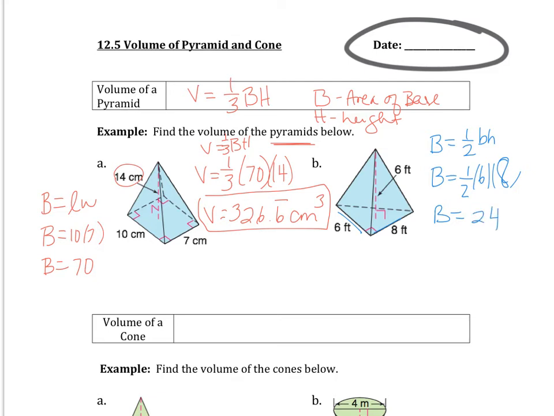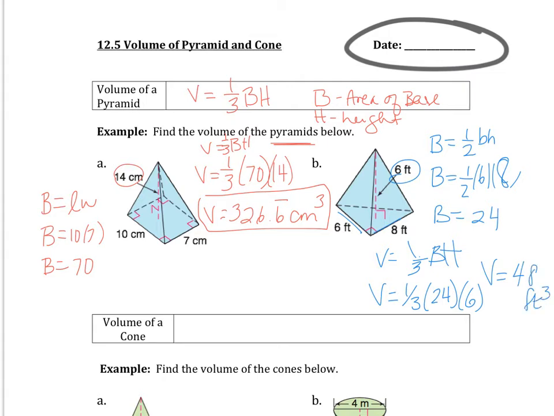Base area is 24. Using that volume formula now, 1/3 base times height. So my volume equals 1/3 times my base area, which is 24, times the height of my pyramid, which is 6. So my volume equals 48 feet cubed. Okay, so again, we're just using that area of the base. We should be pretty good at finding area now of our polygons.